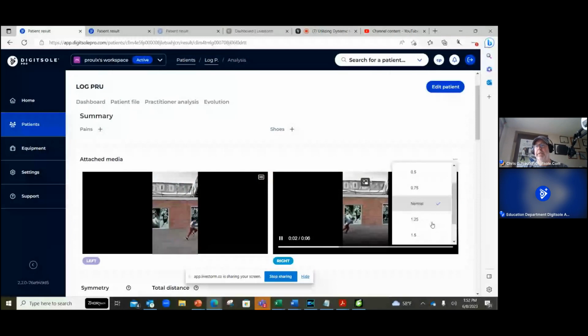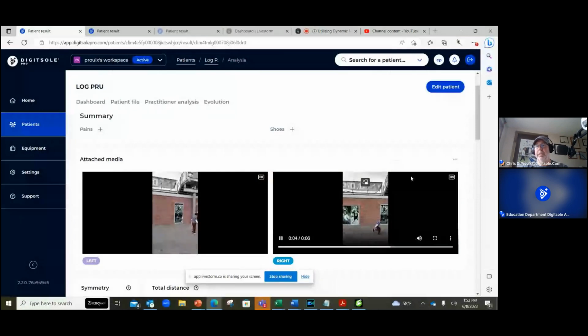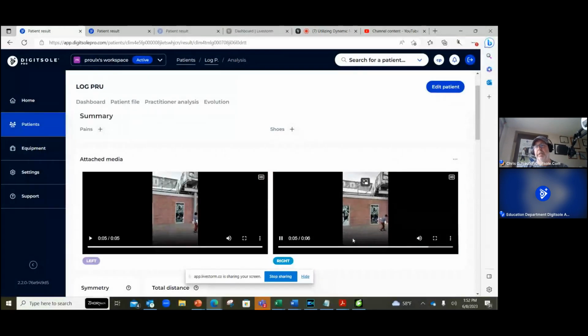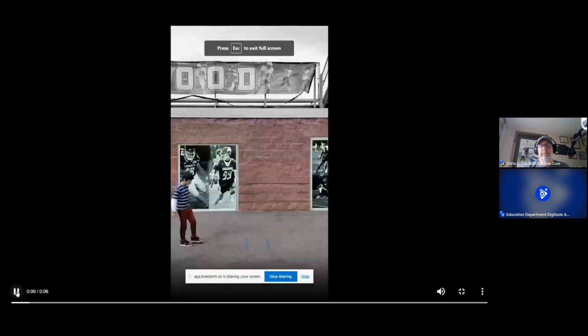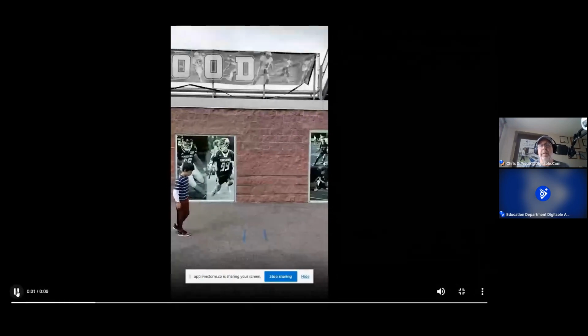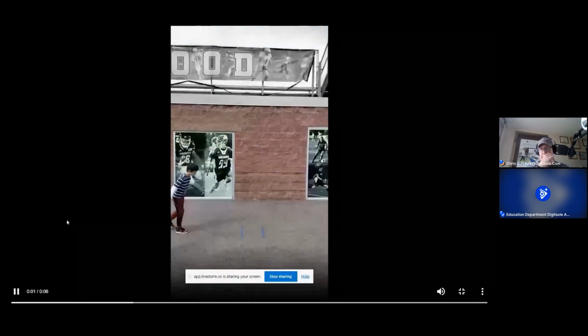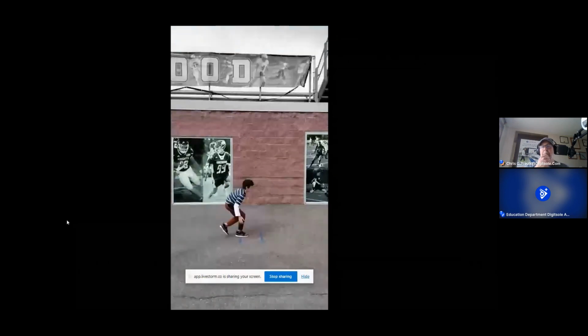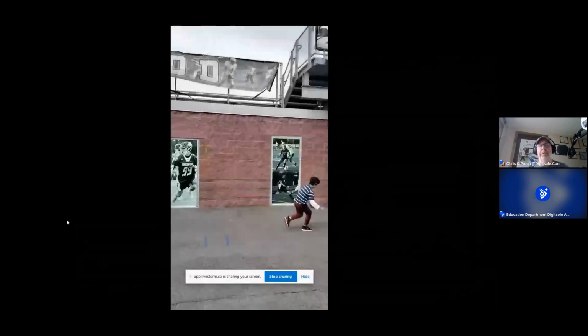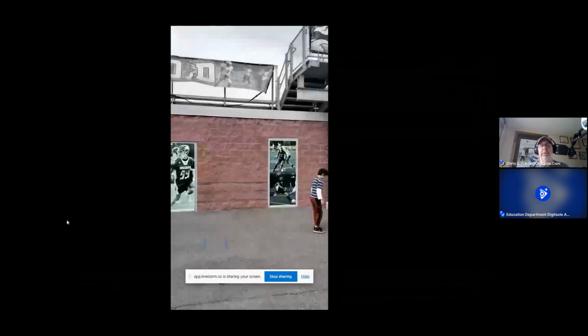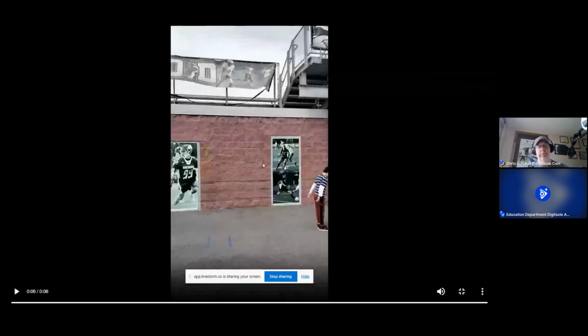Playback speed at 5. Right? You can actually see the delay between each jump. Okay. So let's see if you were right.